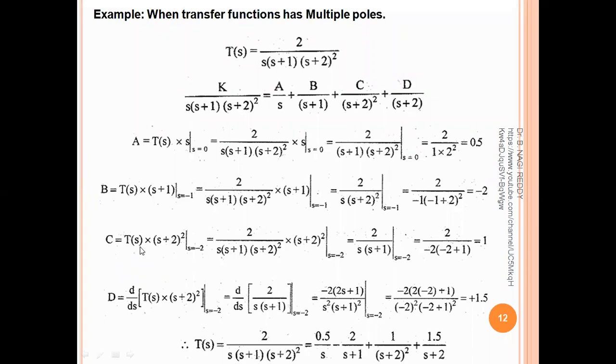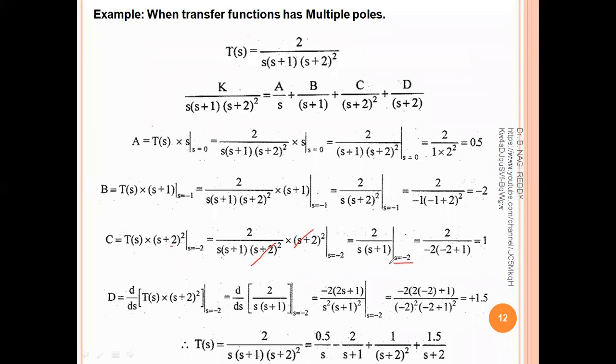And in a similar way, for calculating the c, we must multiply the transfer function with the s plus 2 whole square term and substitute s as minus 2 here. So when we multiply by s plus 2 whole square, the s plus 2 whole square in the numerator and denominator gets cancelled. So we'll have 2 by s into s plus 1, where we must substitute s as minus 2, because here our pole is minus 2, right?